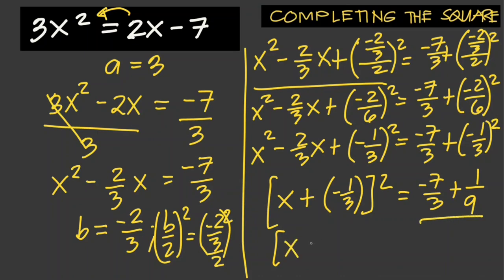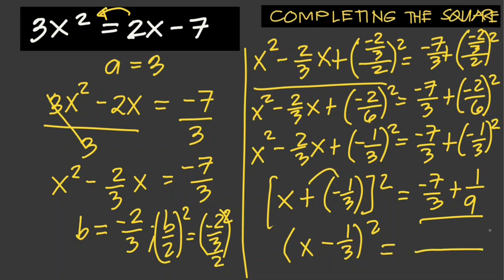So this is just x minus 1/3 squared, because positive times negative is equal to negative. Then here we add negative 7 over 3 plus 1 over 9.